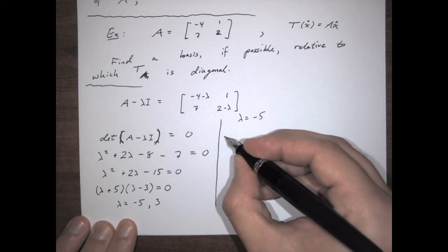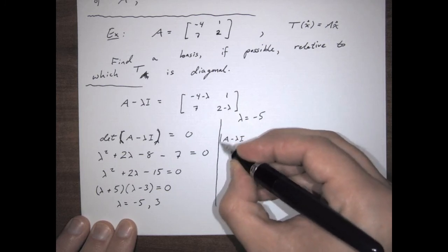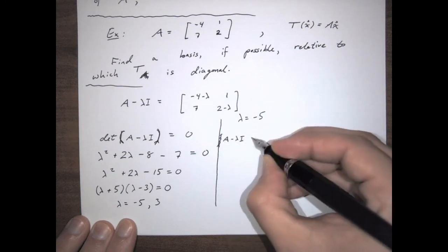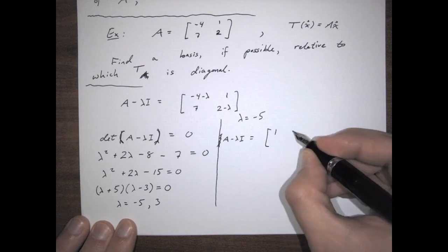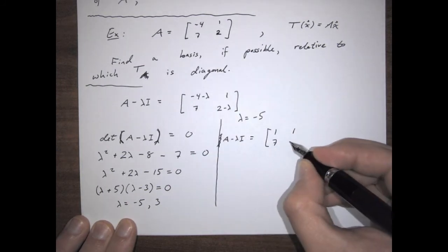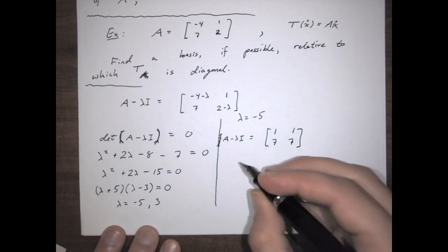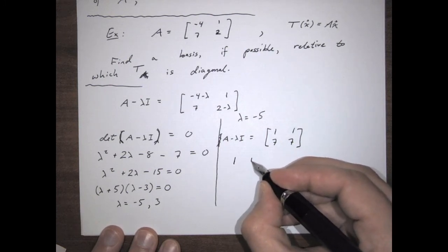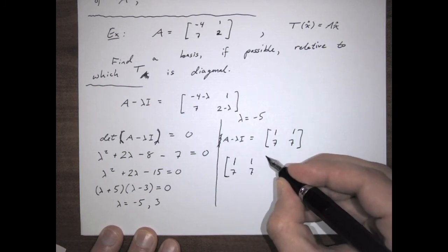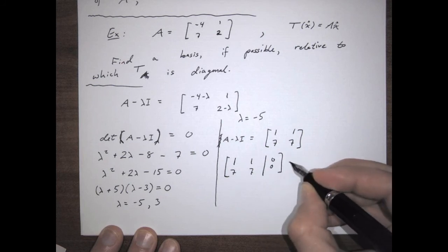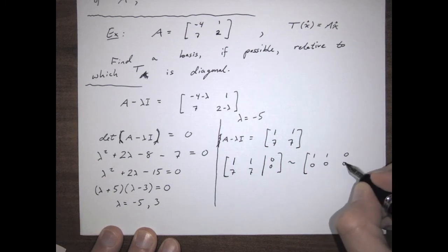So for lambda equals negative 5, that means A minus lambda I would equal, so it's going to be negative 4 plus 5. It's going to be 1, 1, 7, and 7. And looking at this, we are going to have a very easy time row reducing this one. So augment the zeros, row reduce: 1, 1, 0, and I can already tell it's going to be 0, 0, 0.